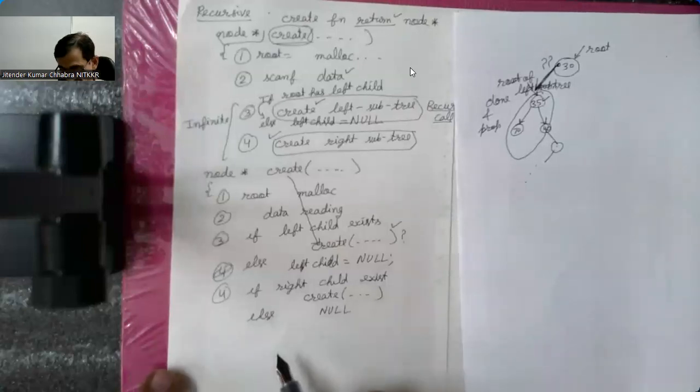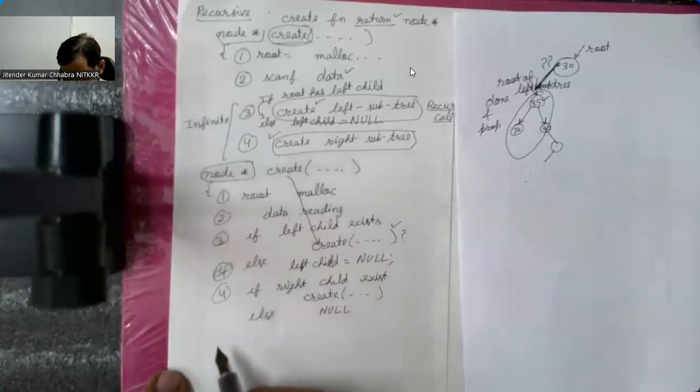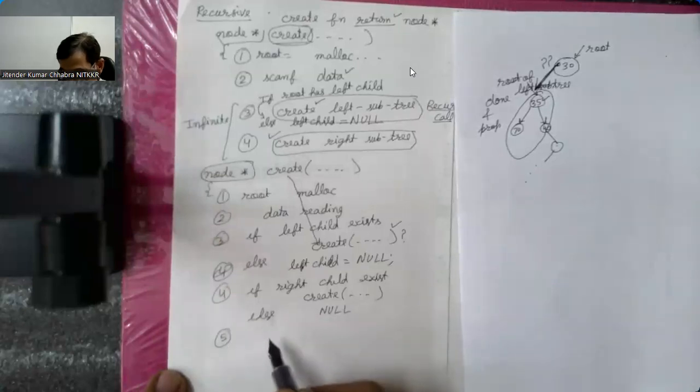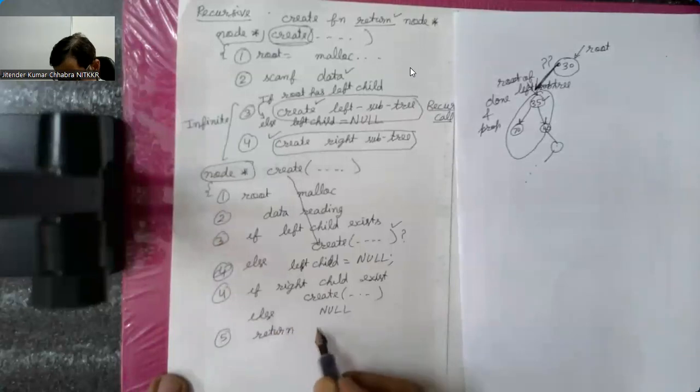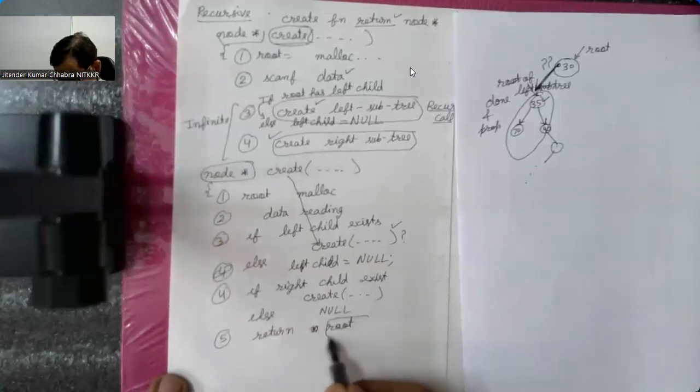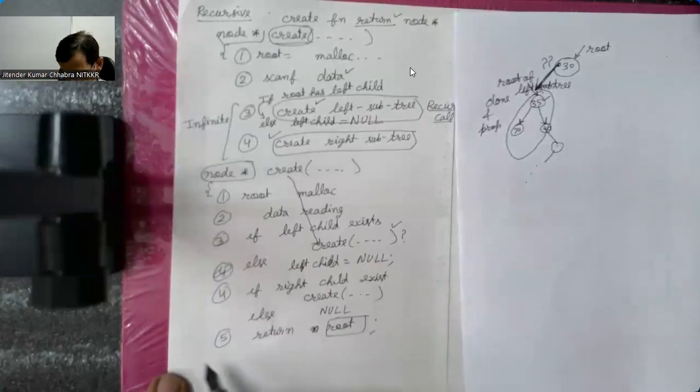And what else? As I have said, it's a node star. The created tree is to be returned. The created tree effectively has your root as its starting node. So this node is to be returned.